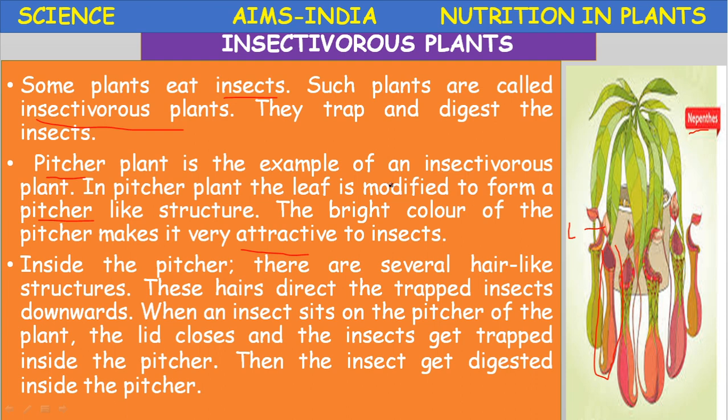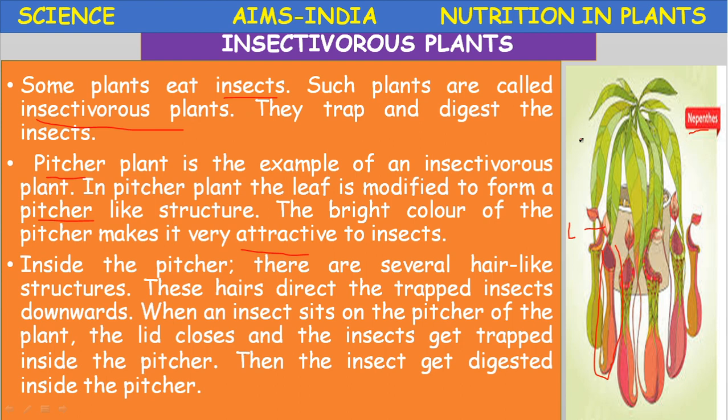So first of all, we have to understand why these plants, though they undergo autotrophic nutrition because green leaves are present, are carnivorous plants. Especially they are feeding on insects, so they are called insectivorous plants. In order to fulfill their nitrogen requirement or protein requirement, they feed on the insects.